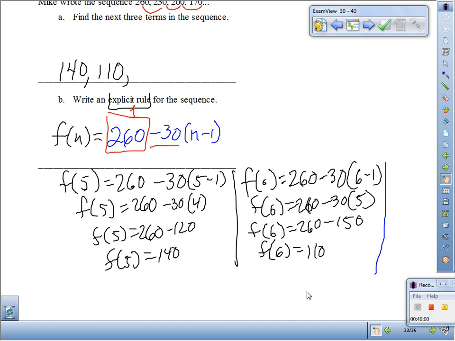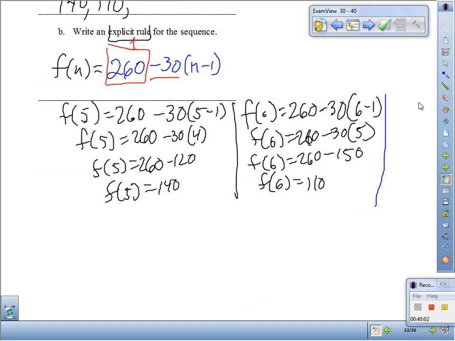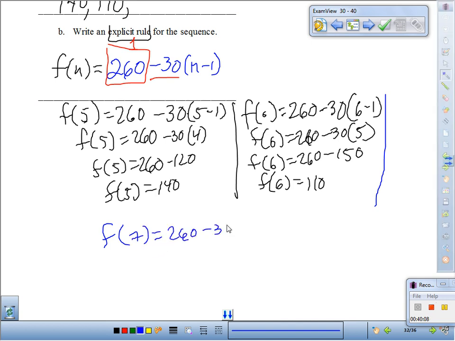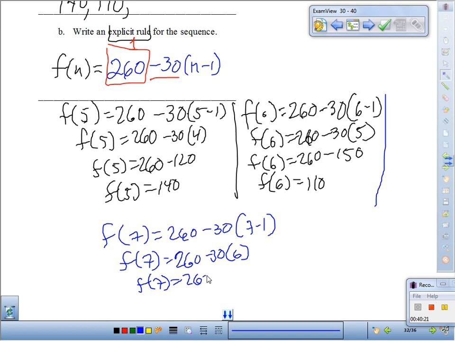Did it work with the same process? Yes. So the last part was f of 7 equals 260 minus 30 times 7 minus 1. F of 7 equals 260 minus 30 times 6. F of 7 equals 260 minus 180.